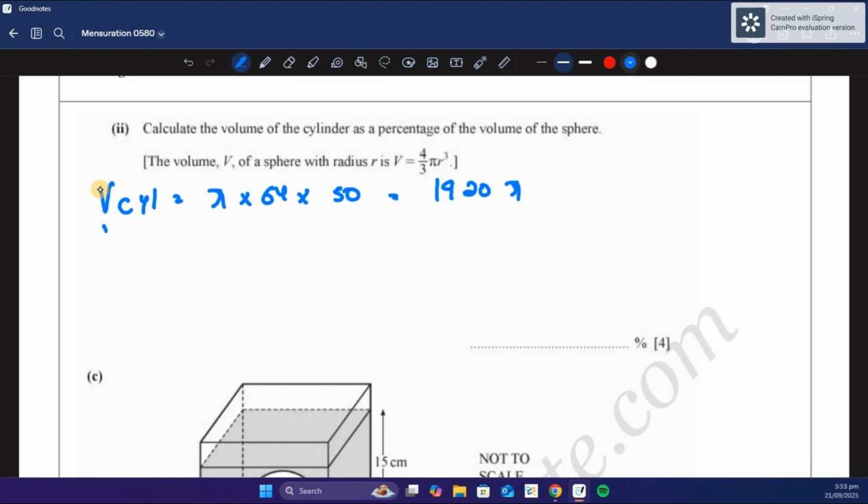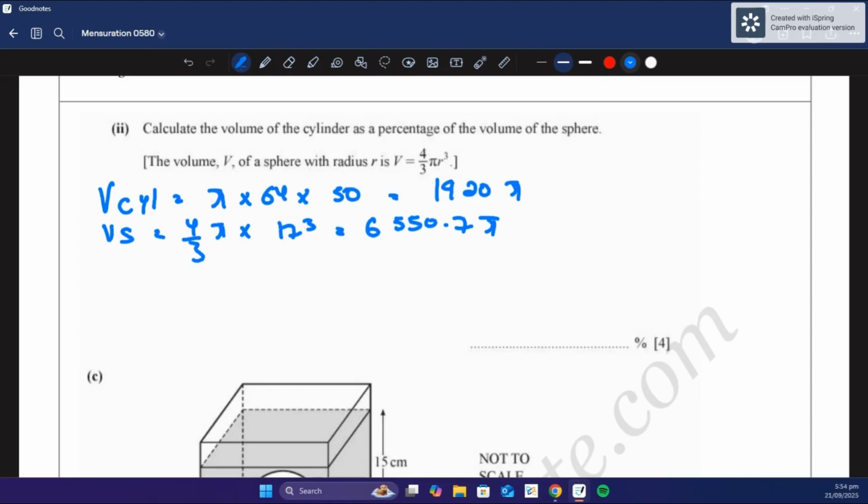And the volume of the sphere would be given by 4 over 3 pi into 17 cubed, which would give us around 6550.7 pi.